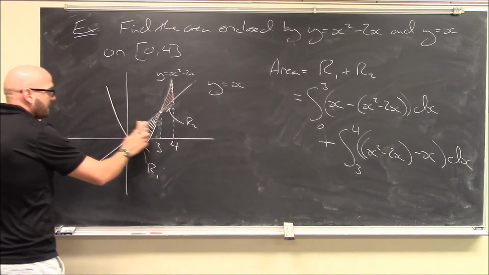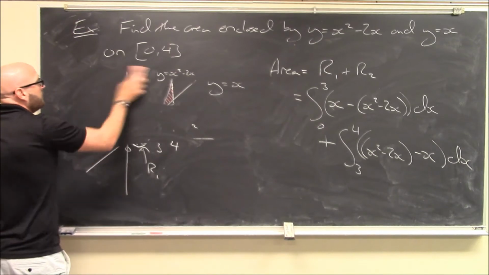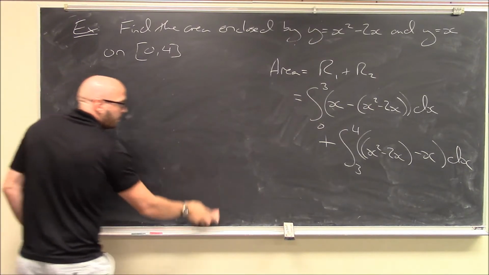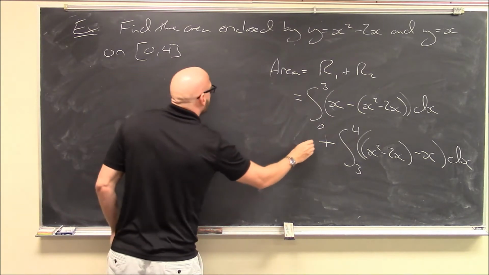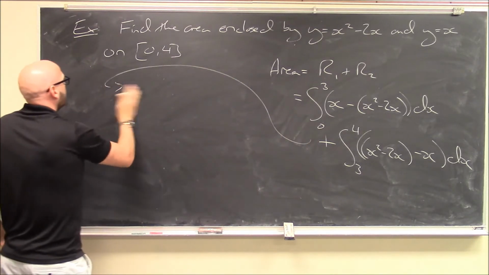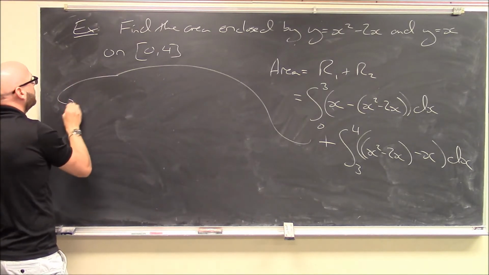And I'm going to erase my picture now because I need space to do these things. But if we bring this all the way over here, I'm still not sure that's enough space. Bring this all the way over here.